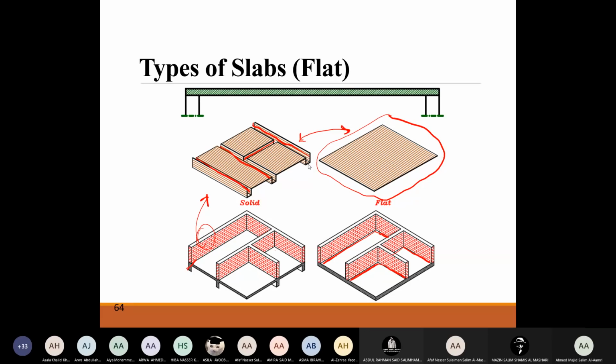And normally it is good if you go for a flat slab from 6, let's say, to 10. When we refer to 6 to 10 meters, we are referring to the distance between the columns.